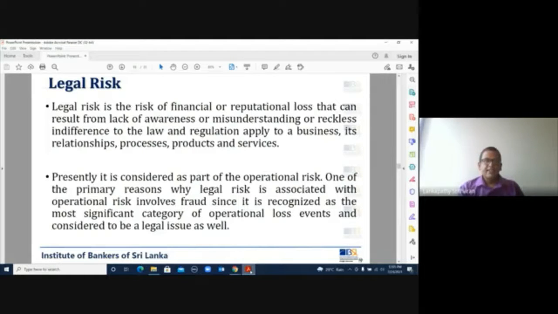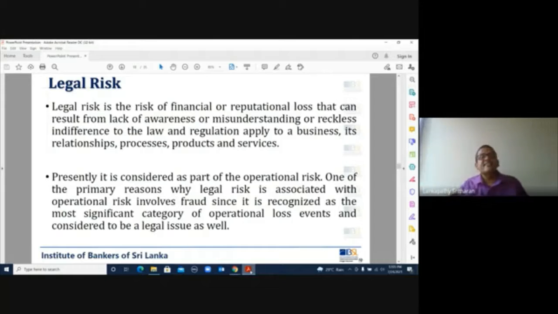I say to you all clearly, the non-financial risk has several categories. The important category is operational risk, and other than that, there are legal, strategic, and other categories. Earlier, this legal risk was also considered an operational risk, but modern theories divide the legal risk into a separate sector.